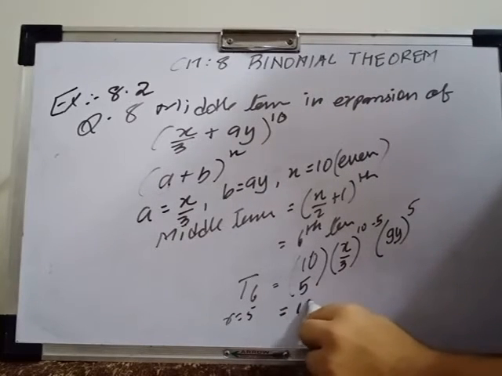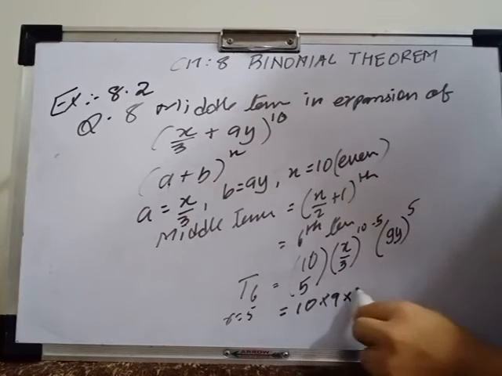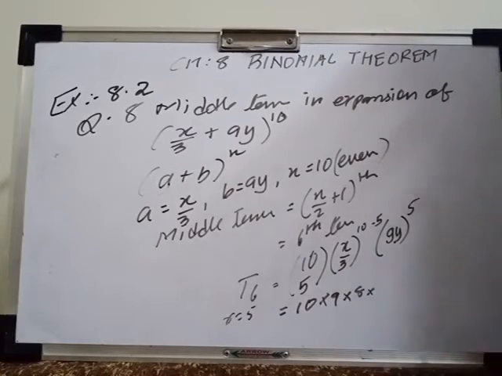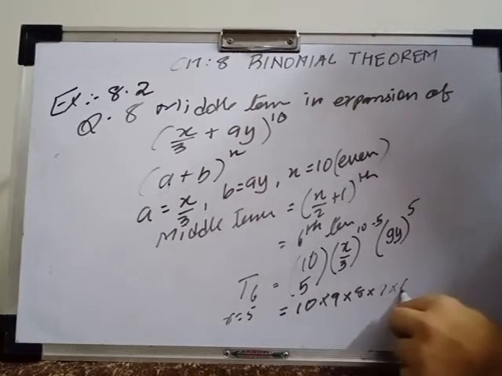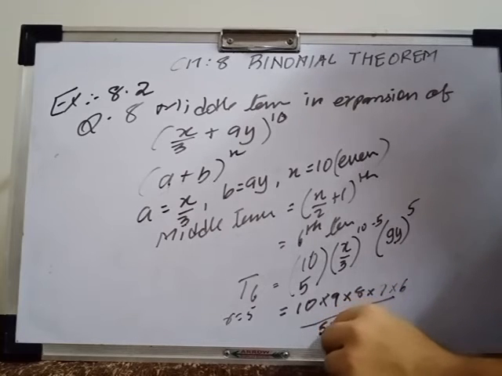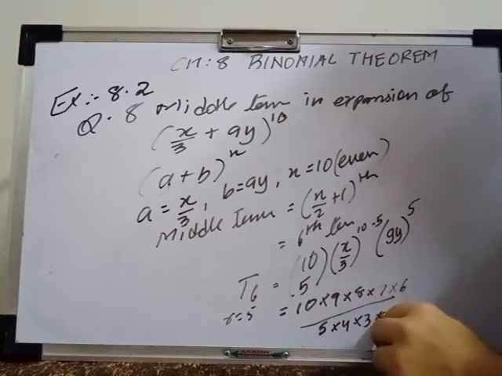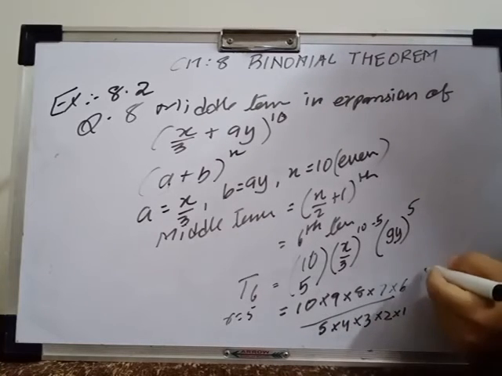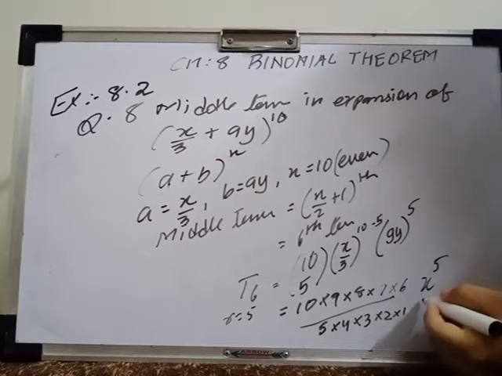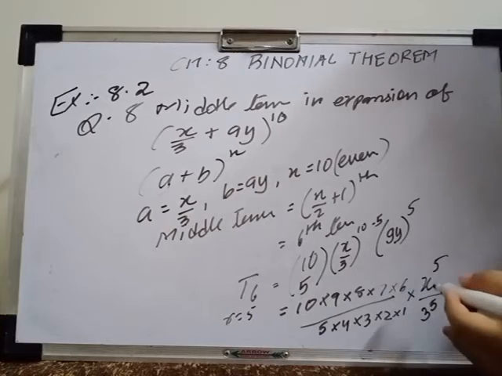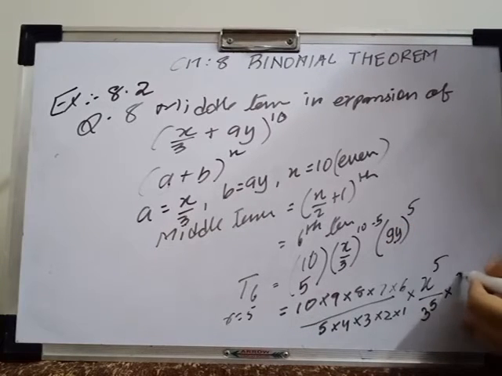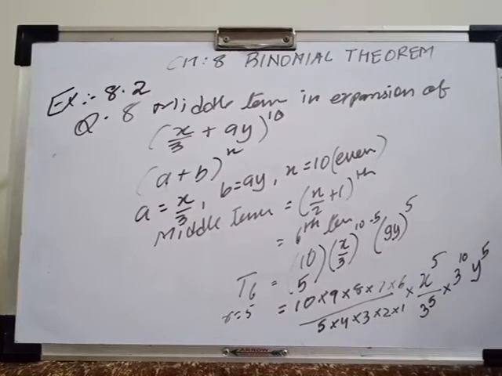So 10 combination 5 can be expanded as, x raised to 5, 3 raised to 5. This is 3 square, so I can write 3 raised to 10, y raised to 5. Right. I don't have ample space. We'll rub some part of it.